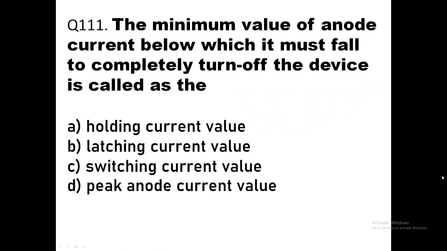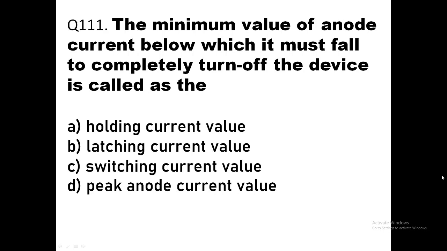So next is question number 111. The minimum value of anode current below which it must fall to completely turn off the device is called as. This question is in relation with SCR. Now we know the SCR will be on when the anode current is above the latching current.